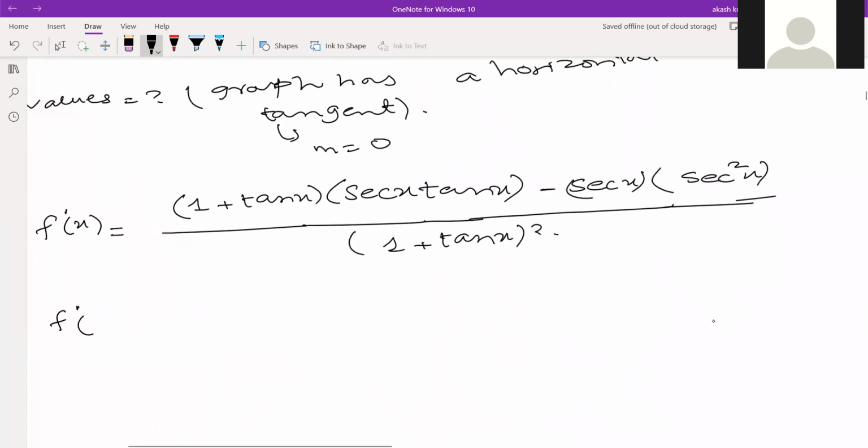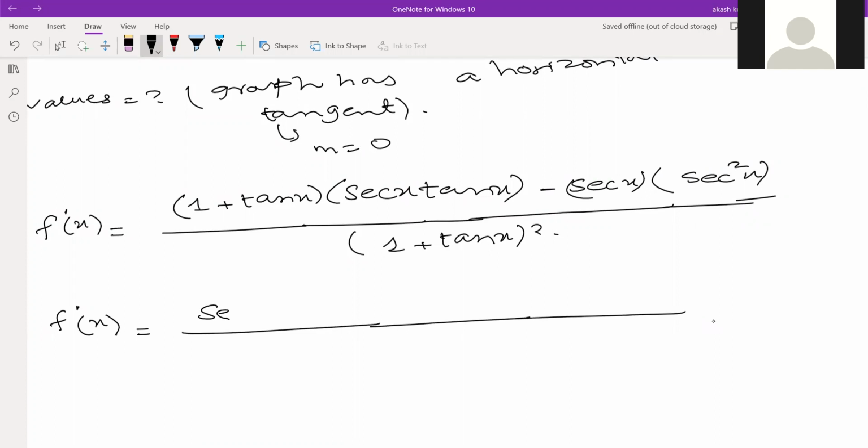So f dash of x equals, if we multiply it, sec x multiplied with sec x tan x plus tan x with the whole function. It will be sec x and tan squared x. Is it clear?